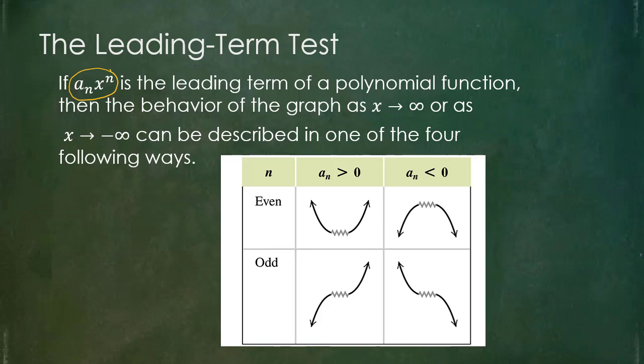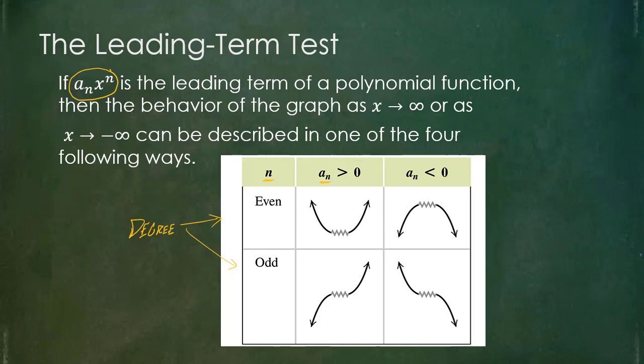Anytime my degree is even, notice these two words, even and odd, are talking about the value of n. Since that's also the same thing as what we call the degree, if my degree is even, notice with our two pictures here, my arrows will always point the same direction. Then it turns into what's true about the leading coefficient.